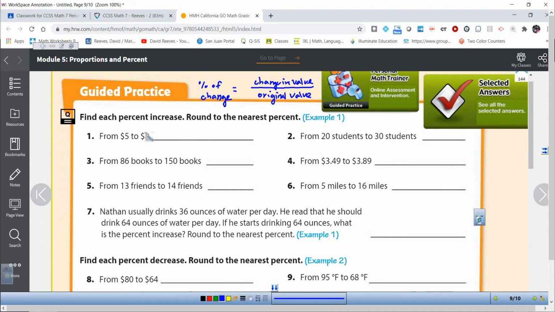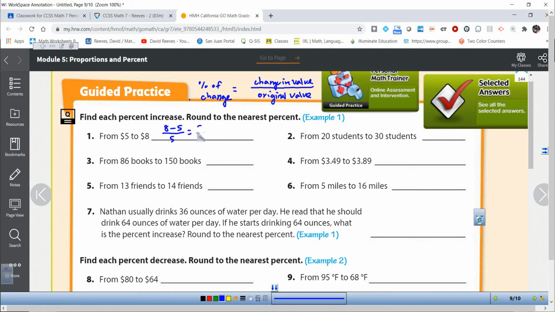So if we look from 5 to 8, on the top of our fraction we're going to do 8 minus 5, because we're always going to do the larger minus the smaller so we don't get a negative answer. And the bottom is 5, right? You find the change by subtracting.